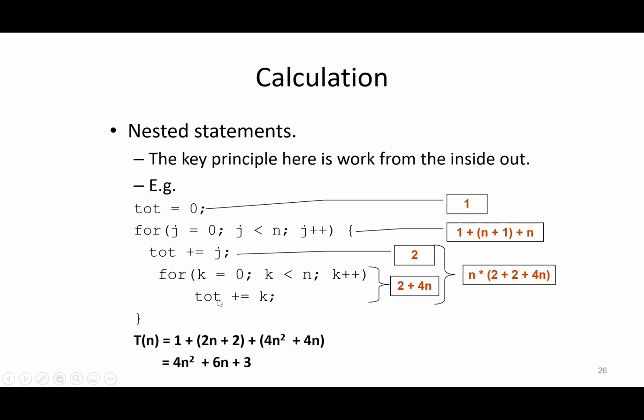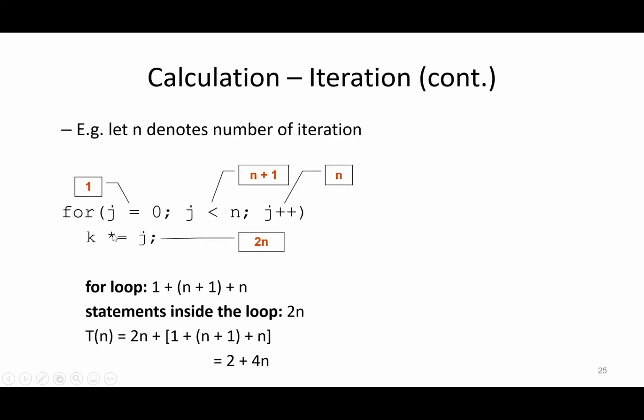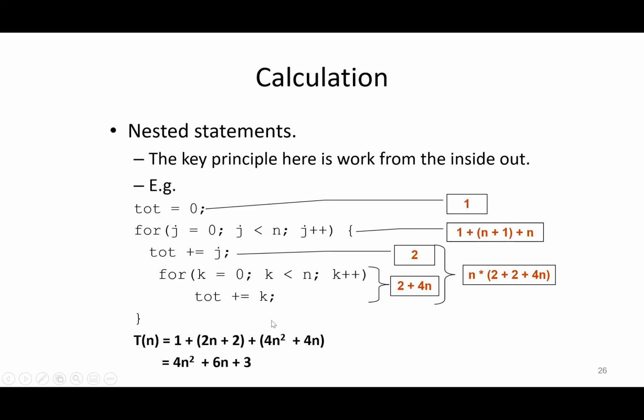Then the statement inside is total equals total plus k. So we know that this one here will require 2 plus 4n because this inner for loop is similar to the for loop that we have seen, right? Okay, it's also j equal to 0 until less than n, right? And the statement inside is also similar.